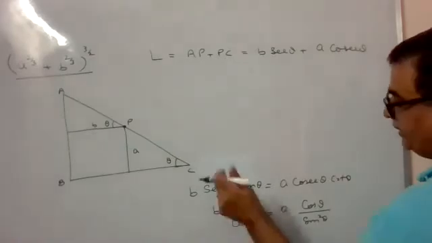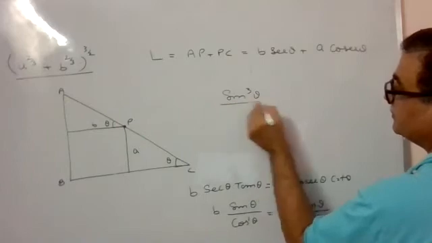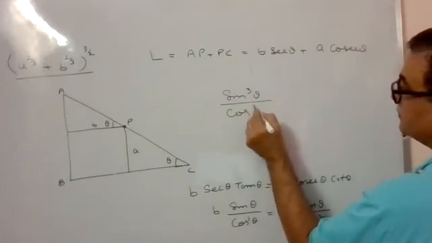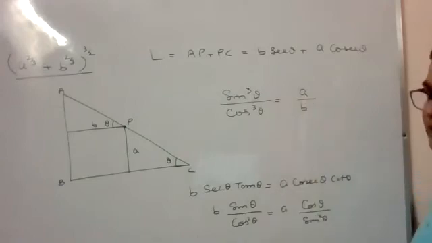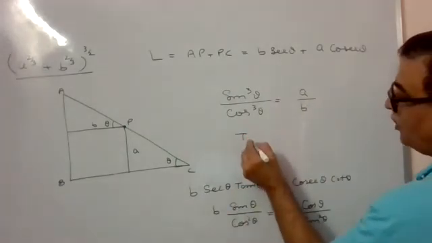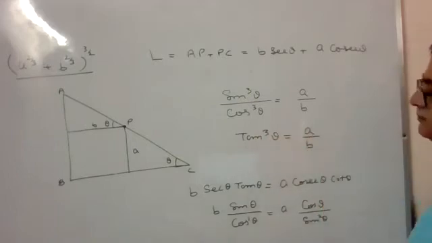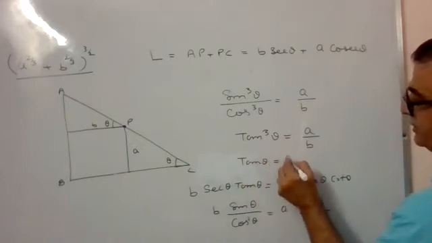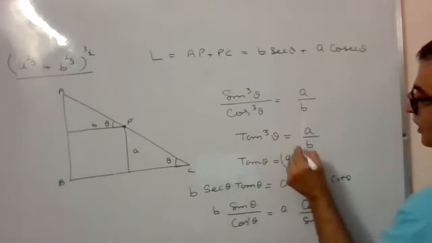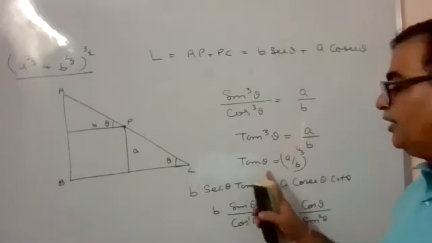Now when you solve it, sin cube theta goes this side, so tan cube theta is A by B, or tan theta is (A by B) power 1 by 3. This is the value we are getting.